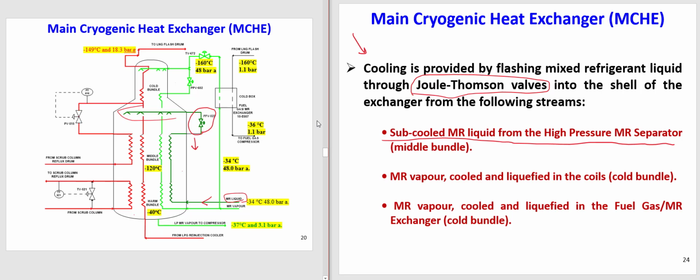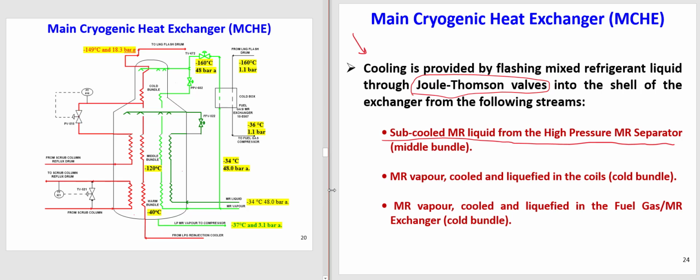In this case we can drop the temperature, and after that the temperature is very low. Then we inject it into the middle bundle again. So we use this cold temperature to cool down some other stream. So this is the first one, how to create cold.